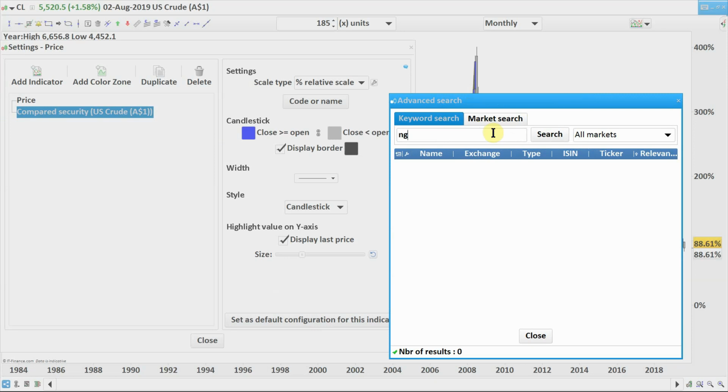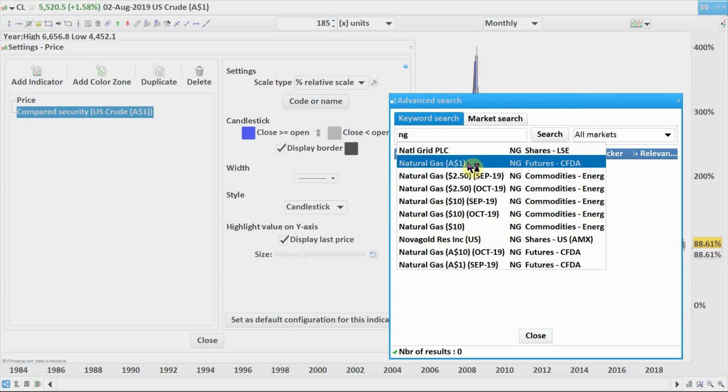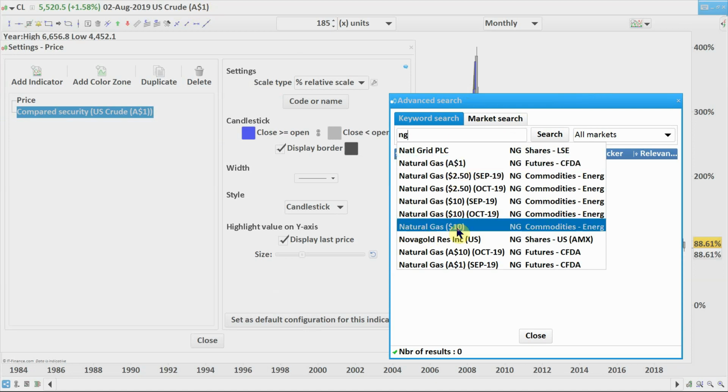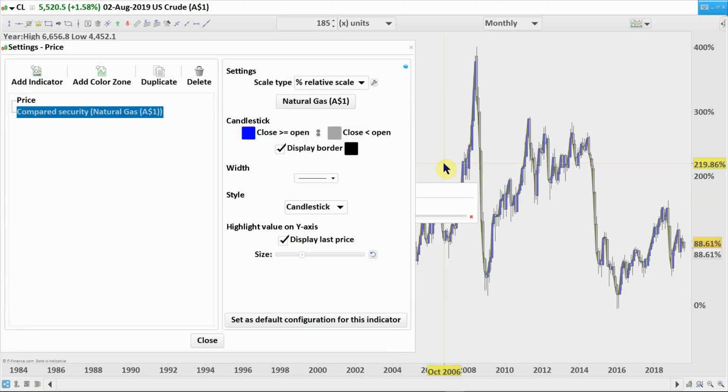The code for natural gas is NG. When you type in NG, plenty of options will come, but we'll select the dollar one because crude oil is dollar one. Don't select natural gas dollar 10, because we have crude oil at the top left corner as dollar one. So we'll go natural gas dollar one.